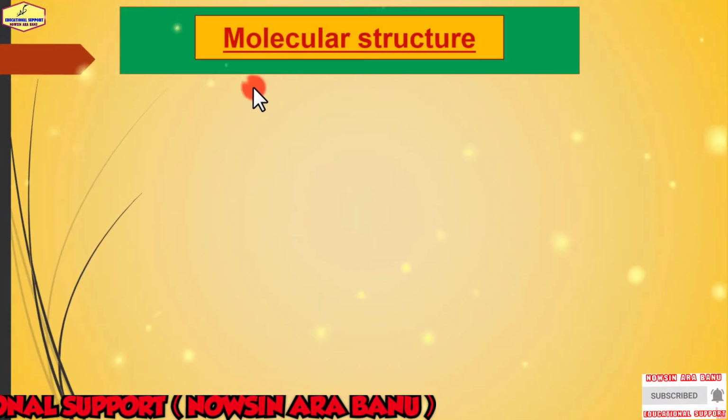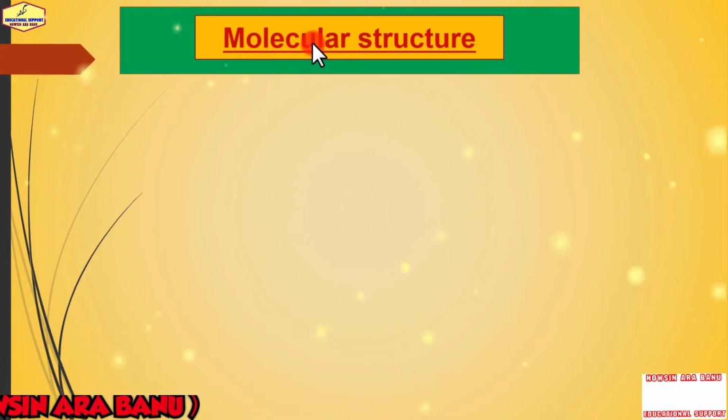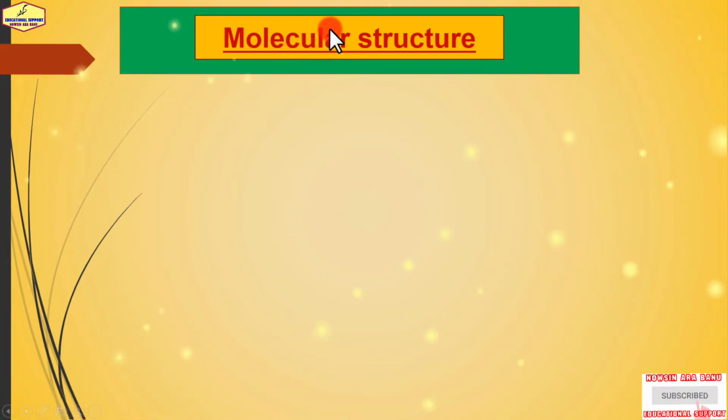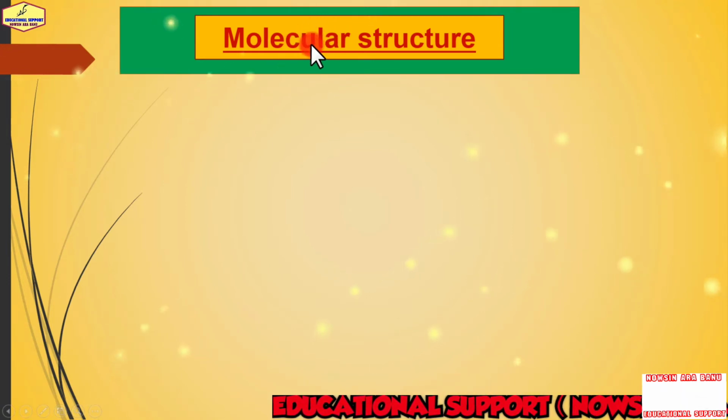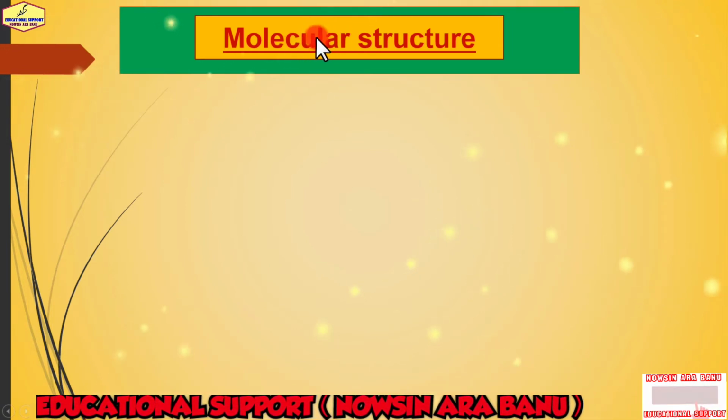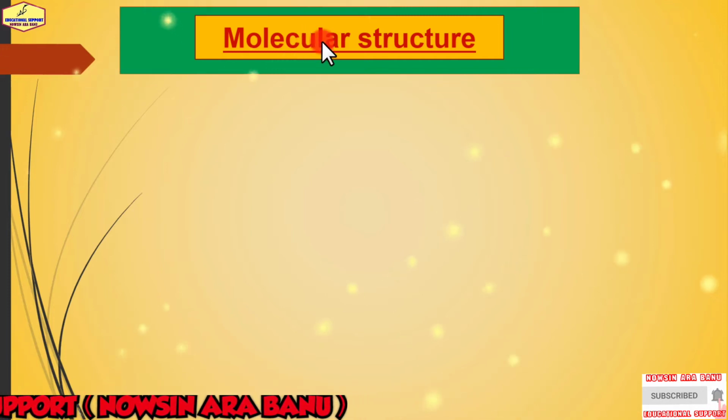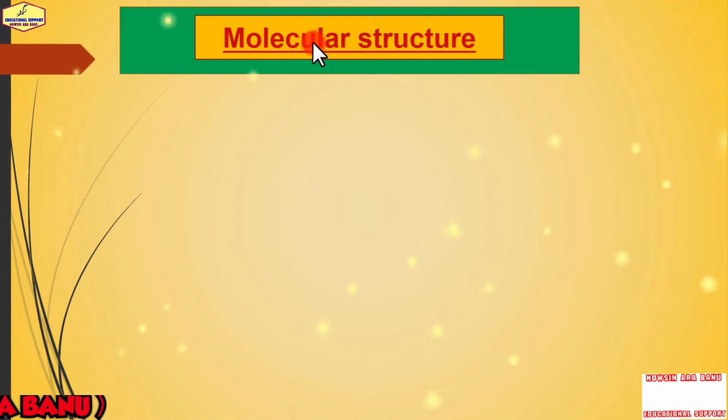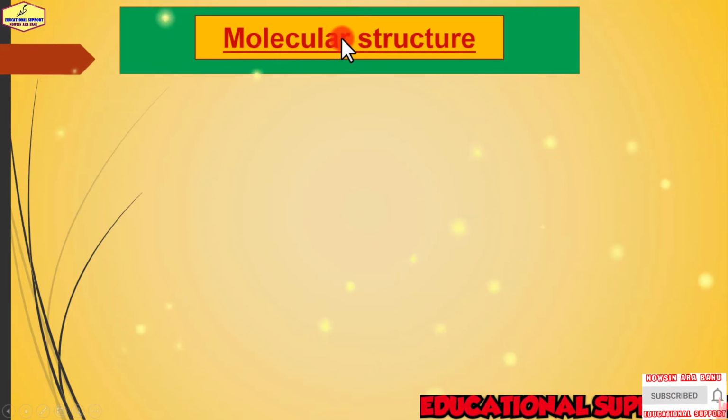Now, I am presenting the molecular structure of smooth muscle. A substantial portion of the volume of the cytoplasm of smooth muscle cells is taken up by the molecules myosin and actin.